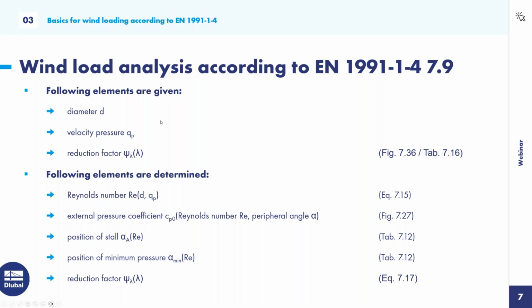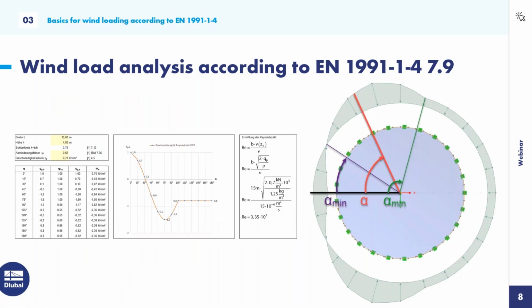Then there is some velocity pressure, and I have some reduction factor. My tool will calculate the Reynolds number, external pressure coefficient, position of the stall, plus two other coefficients. Everything is taken from the Eurocode.